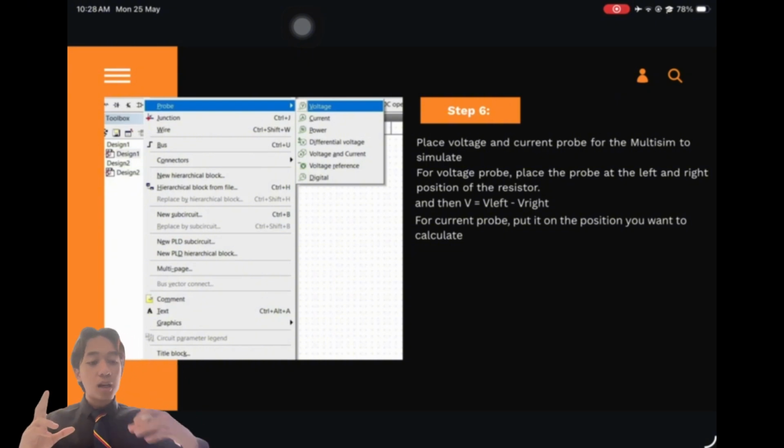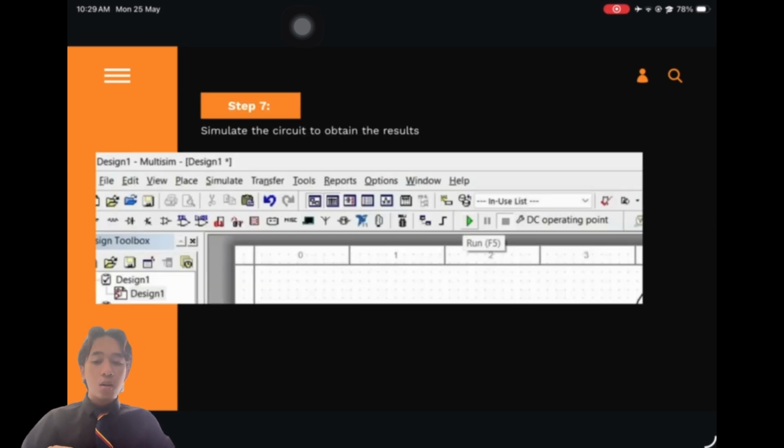For the current probe, we put it at the position and in the direction that we want, as per the question. Now, for step 7, simulate the circuit, and then we will get our result.